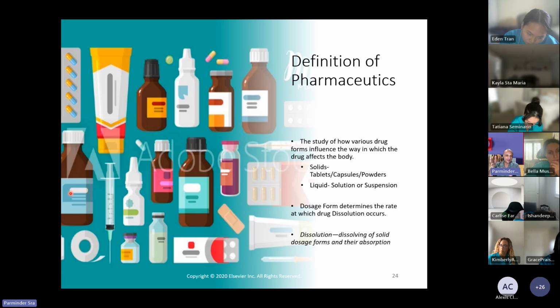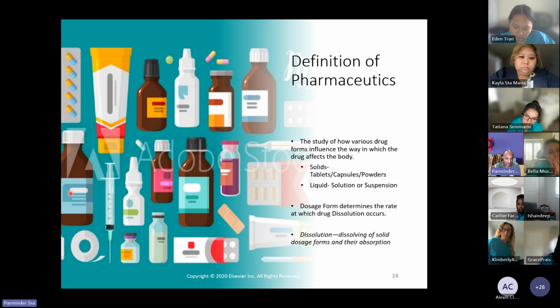So this is what determines different formulations. Like oral: tablets, capsules, powder, suspensions. You have ointments, creams, injectables. Different dosage forms are made. Those are under this umbrella term of pharmaceutics, right?